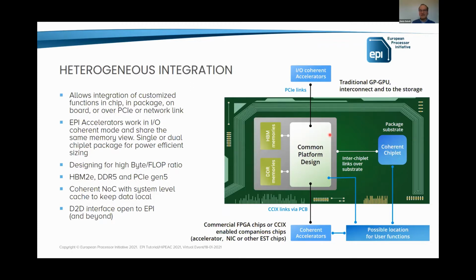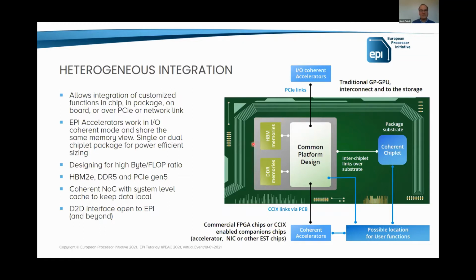The EPI accelerators are working in I/O coherent mode and share the same memory view as the generic processing. We can handle single or dual chiplet package for power efficient sizing. The goal, obviously, is to increase the byte per flop ratio KPI.